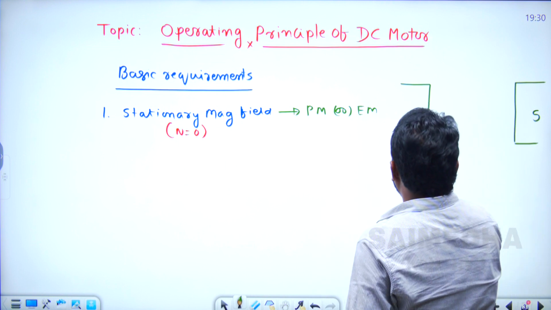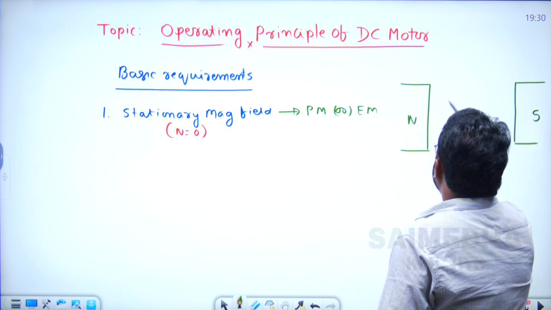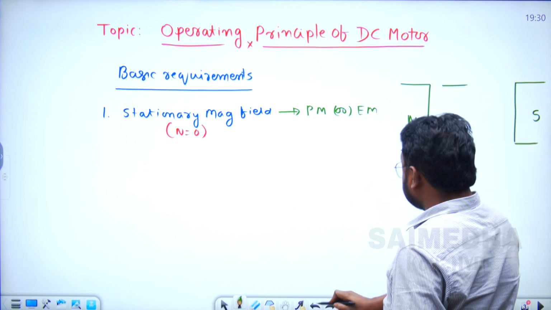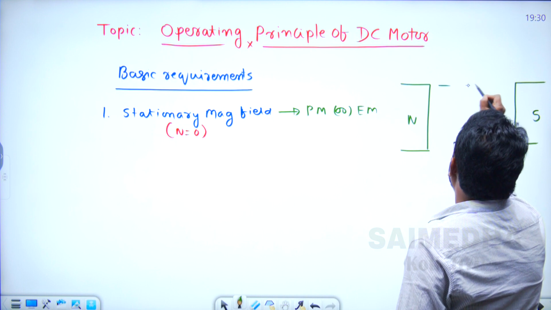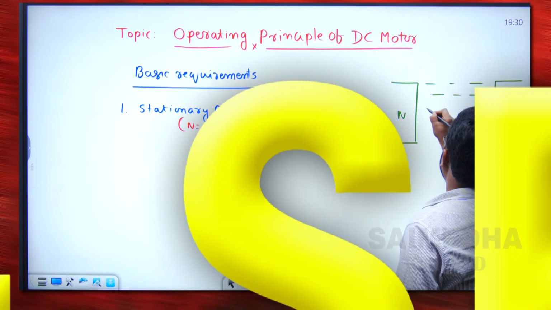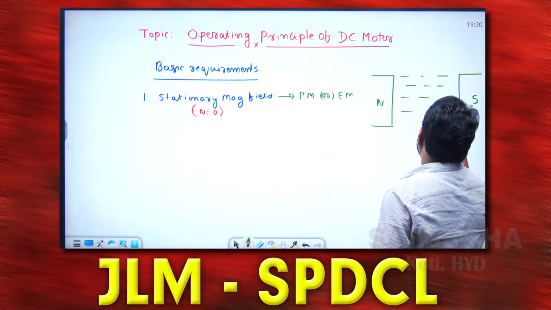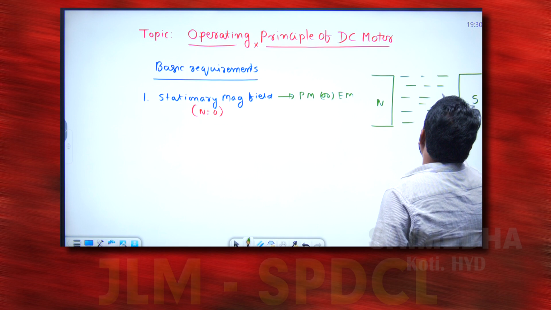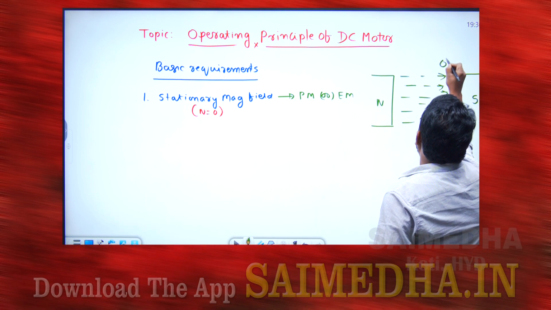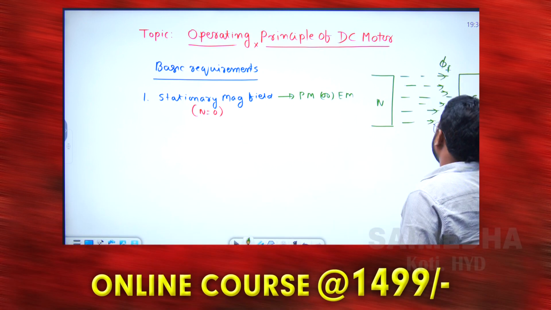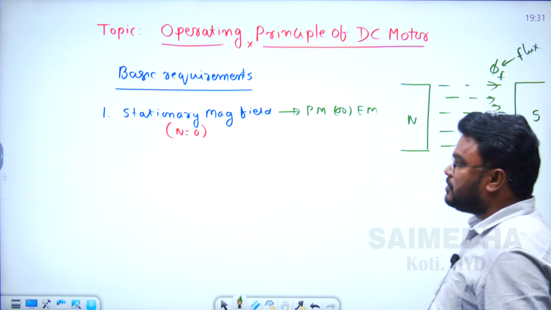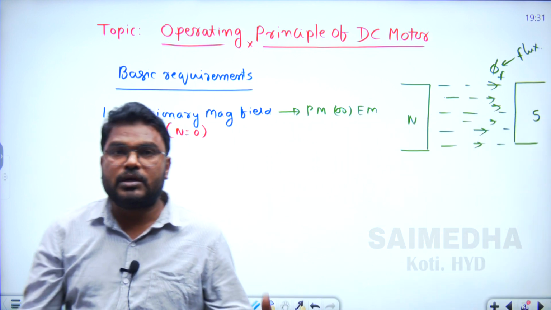This is the direction of the magnetic field. So I can say this is the magnetic field flux, phi, which is nothing but the magnetic flux lines passing from the north pole to the south pole.